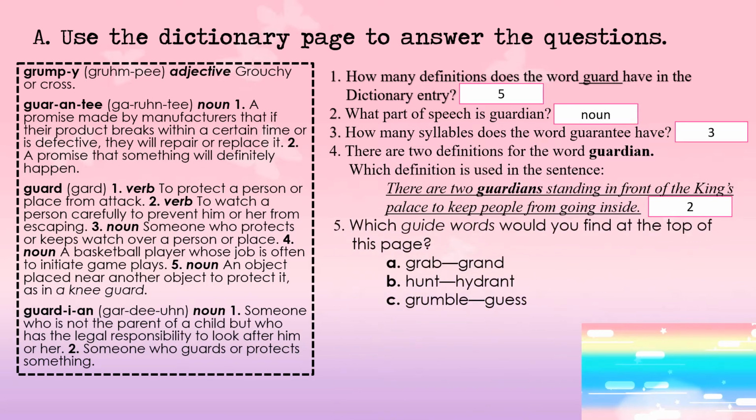Number 5. Which guide words would you find at the top of this page? A. Grab, run. B. Hunt, hide, run. C. Grumble, guess. I'll give you 30 seconds.